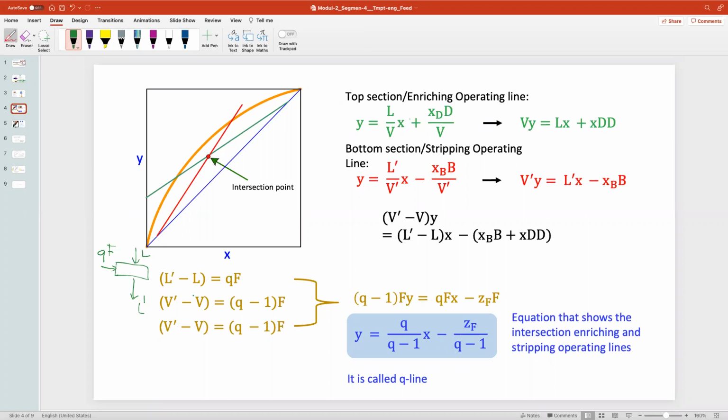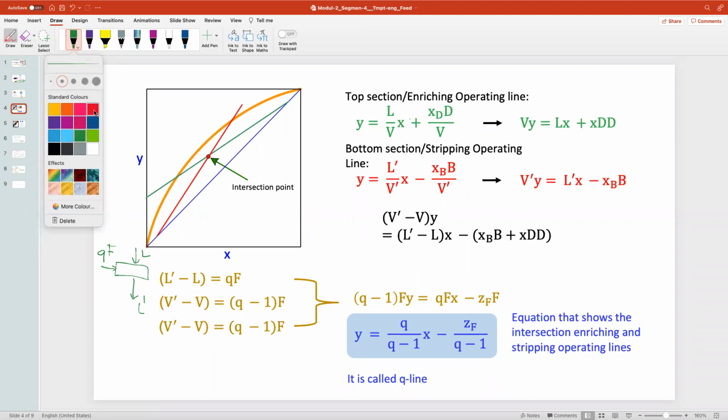Okay, another one, let's get another one here with the red one.